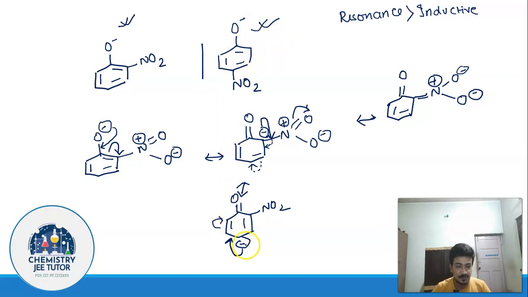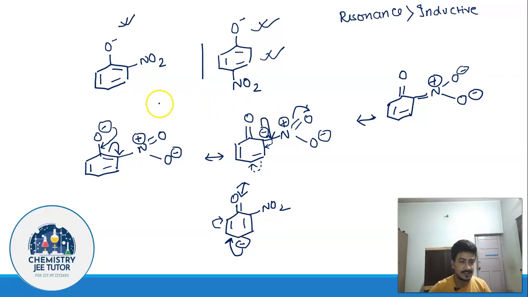Just that the negative charge will come here, and whatever we have drawn in this case, we are going to draw here. So the nitro group in this case is withdrawing electrons from the ortho position. In case of this one, it is going to withdraw electrons from the para position when the negative charge comes to this position. That is okay. We are going to get the same number of resonating structures in both the cases.